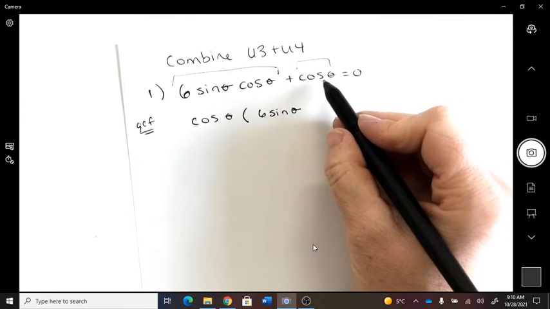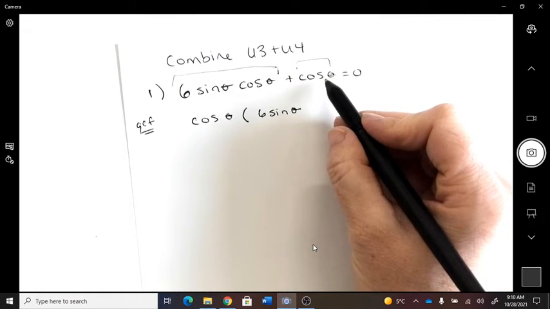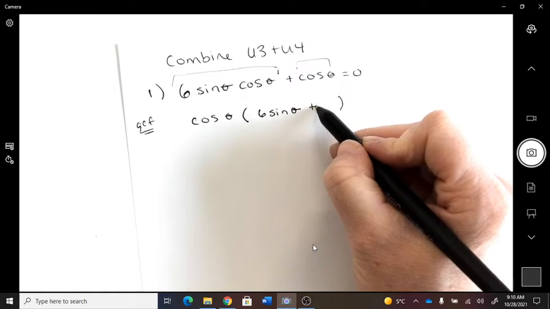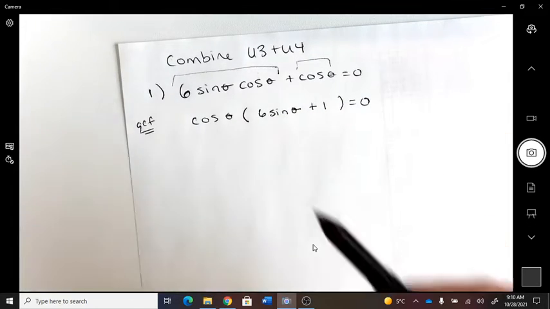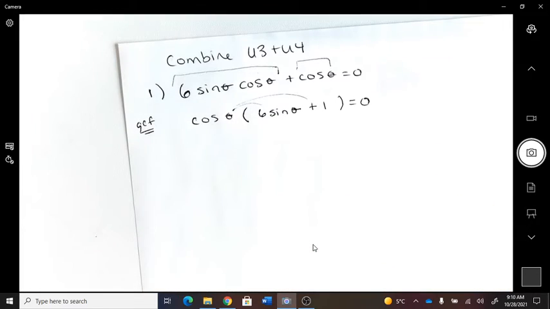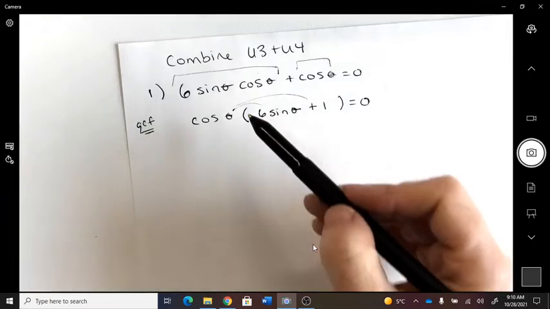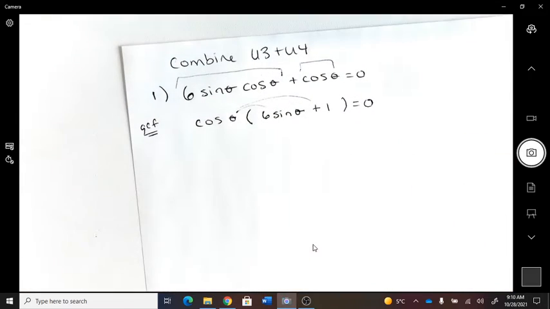What do you have in this? When you divide it by cos theta, what do you have left? 1. By the way, you can always double check because those should multiply back to the front, right? Does this multiply back? Yeah.